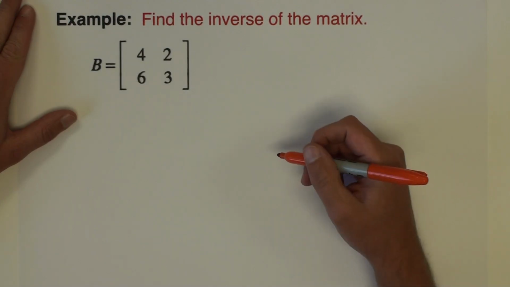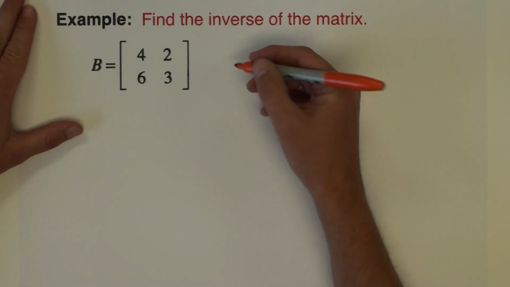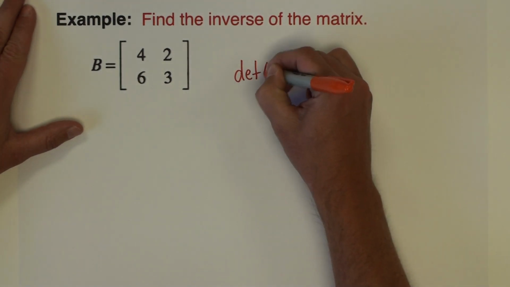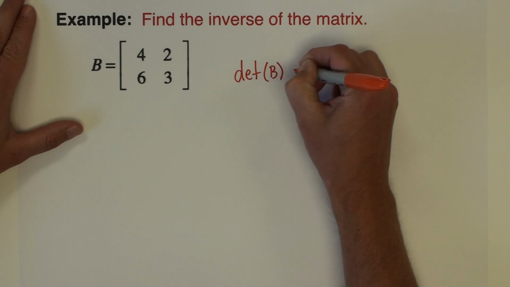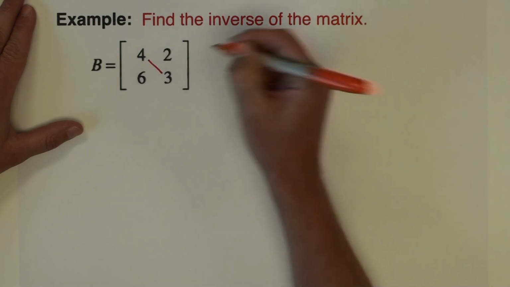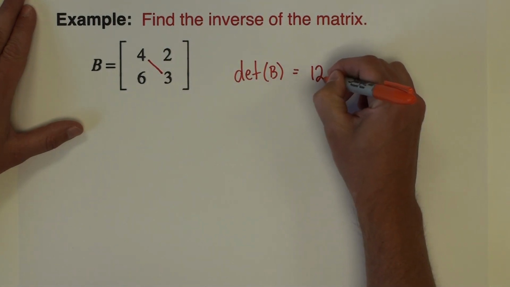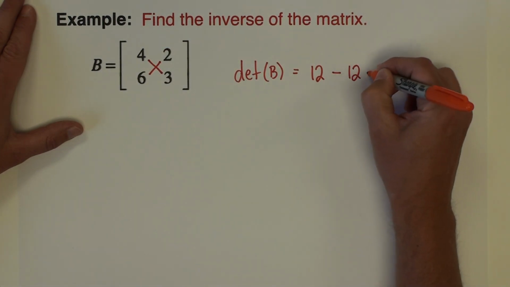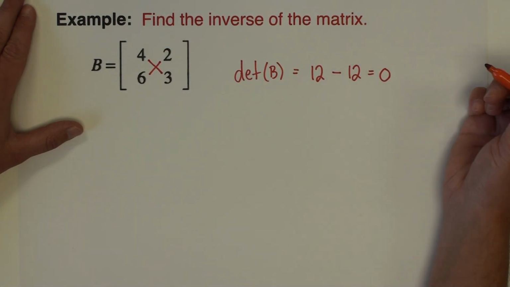In this next example, we want to find the inverse of matrix B. So again, I'm going to start by finding the determinant of matrix B. So I'm going to go 4 times 3 is 12, minus 6 times 2 is 12, and that equals 0.